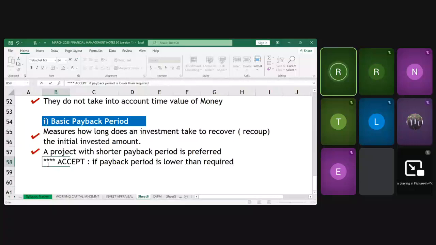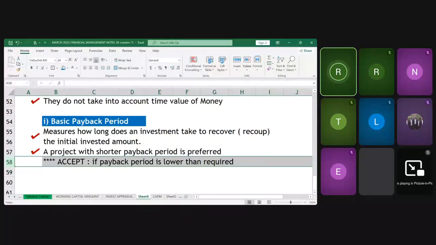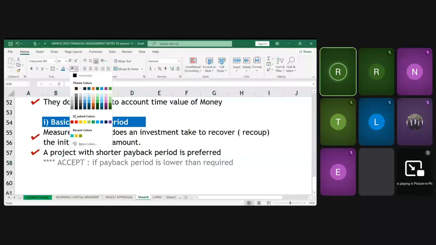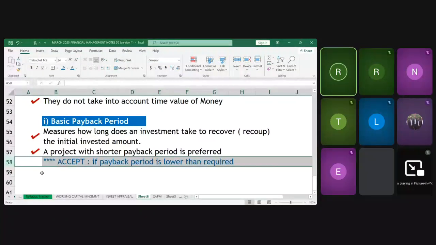So if we have set a required payback period and we assess the project, any project with a payback period lower than what we require should be acceptable.